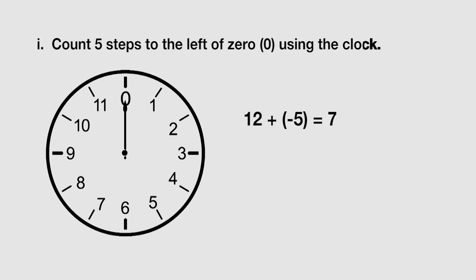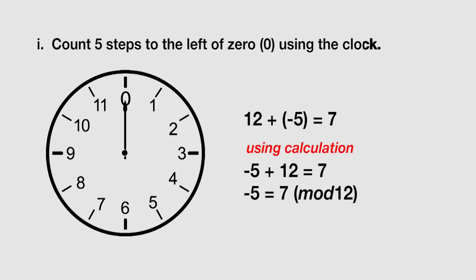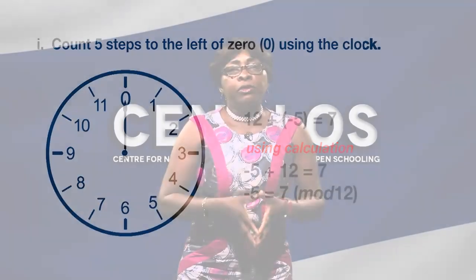And so using calculation, we can say negative 5 plus 12 is equal to 7. And therefore, negative 5 is equal to 7 in mod 12. The rule is: add the modulo to the negative number to get a positive equivalent.